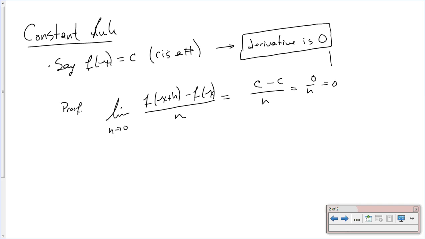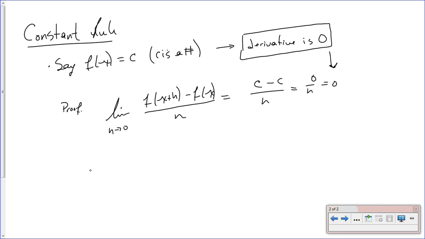All right? So the derivative of a constant, any number, 7, 14, 1,256, 7,000, whatever, doesn't matter. Any number, the derivative will always be 0. And there's a little proof of it.